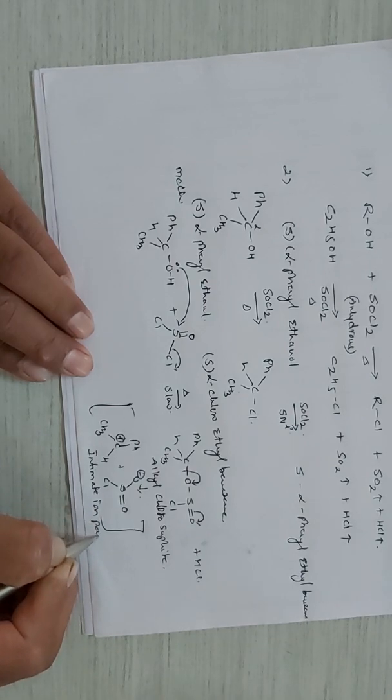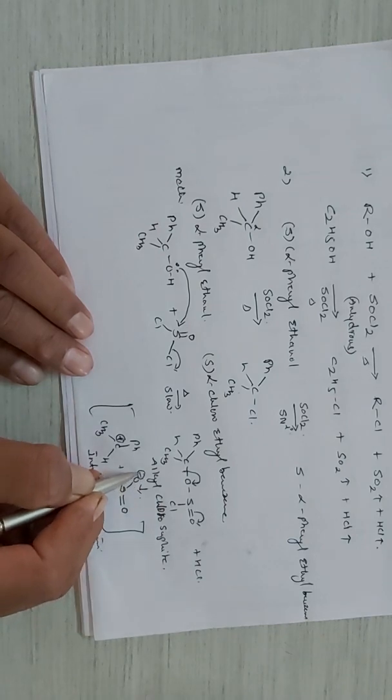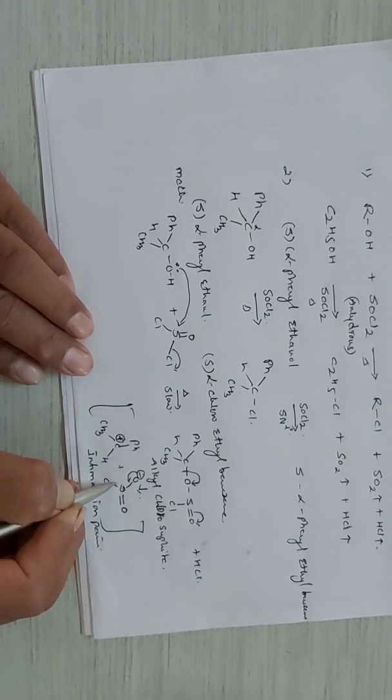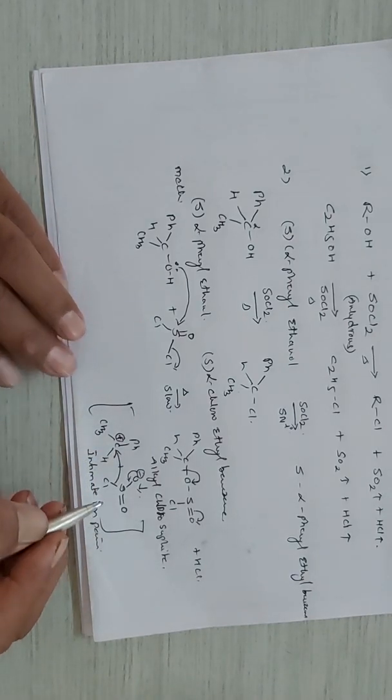This intimate ion pair is formed in this reaction, and this negative charge gives the electron pair here, and this electron pair is given to this carbocation.